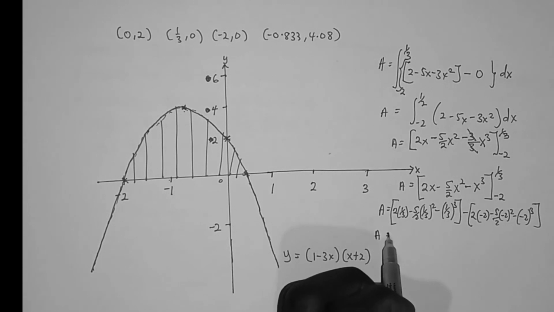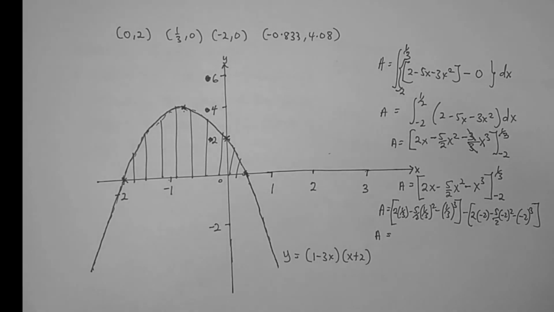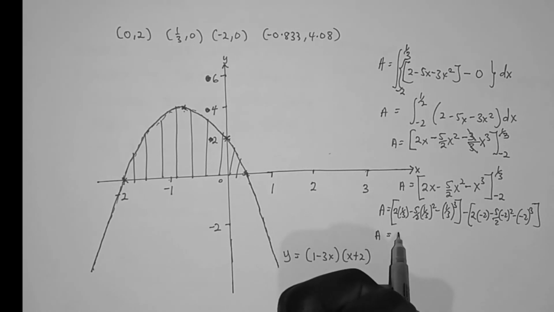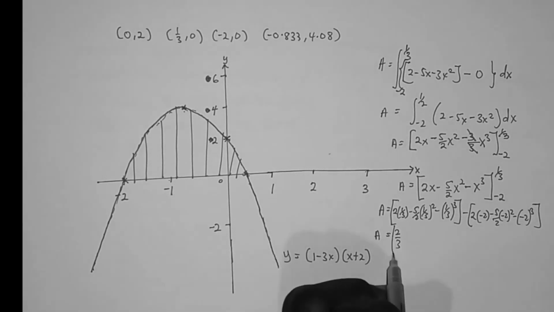So the area A is equal to 2 times 1 over 3 is 2 over 3.